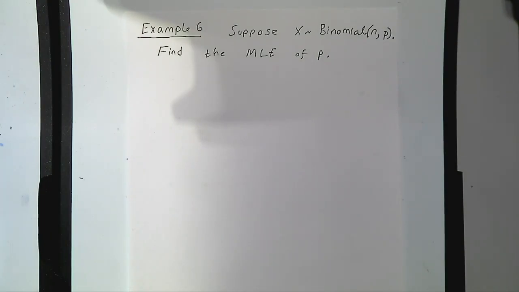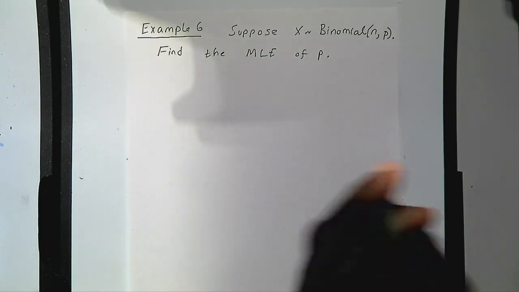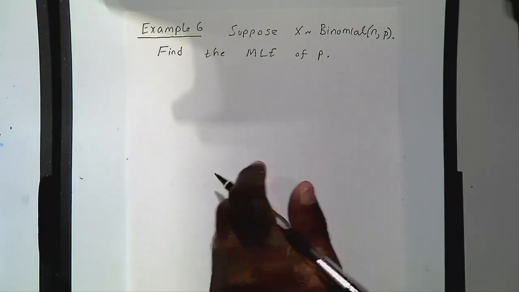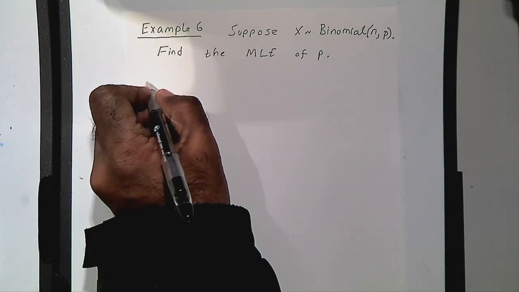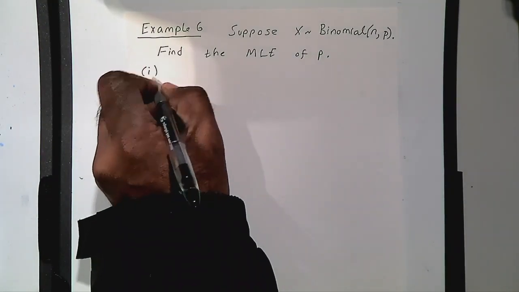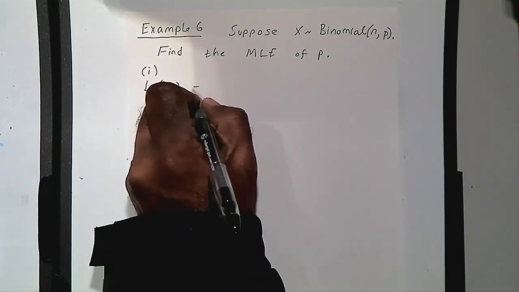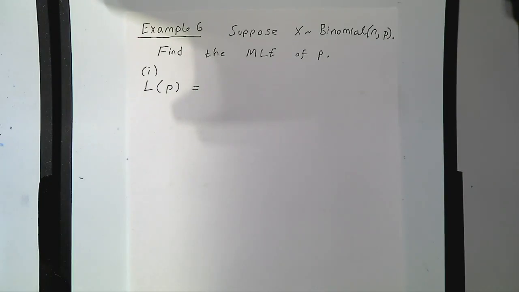This is example 6. Suppose you have a data x from a binomial distribution and you want to find the MLE of p. The first step is to write down the likelihood function. Because here we only have one data point, x, it's not like x1 to xn.